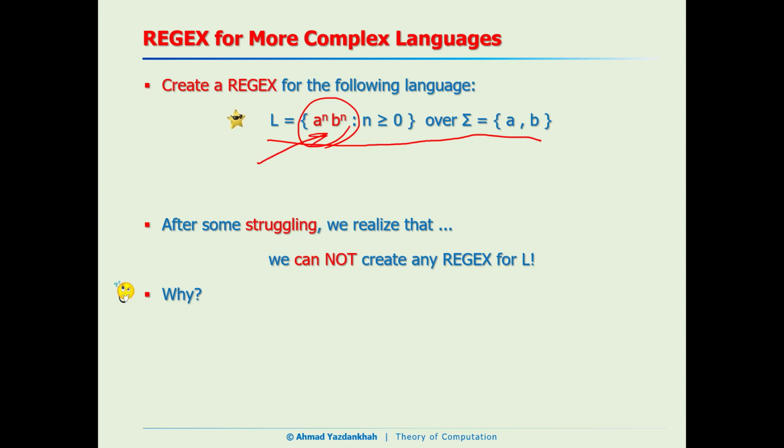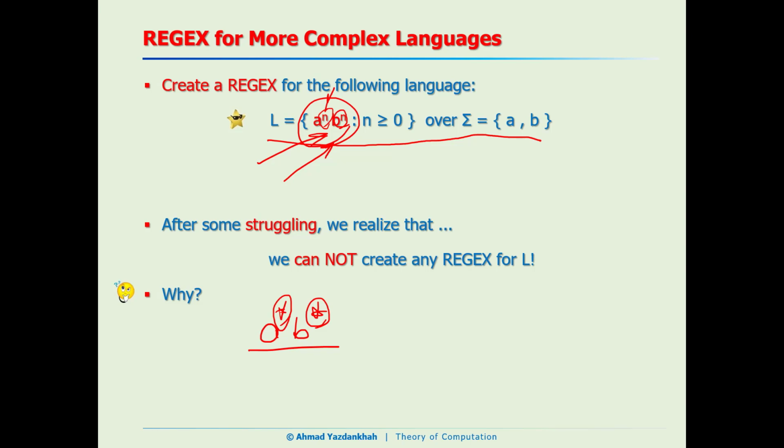How can we make sure that the number of A's and number of B's are equal? We don't have that much power in the regexes. The only thing that we have is A star and B star, and we know that the number of A's and B's might be different. So we don't have any tool in regexes to represent this language.